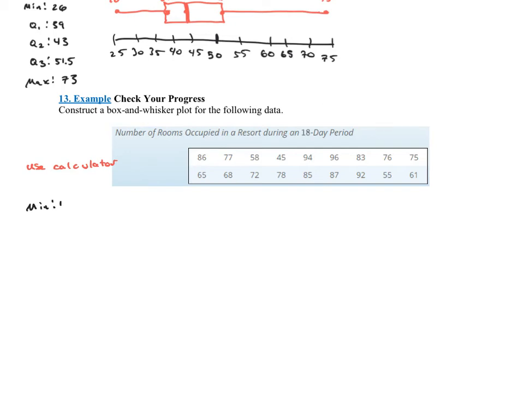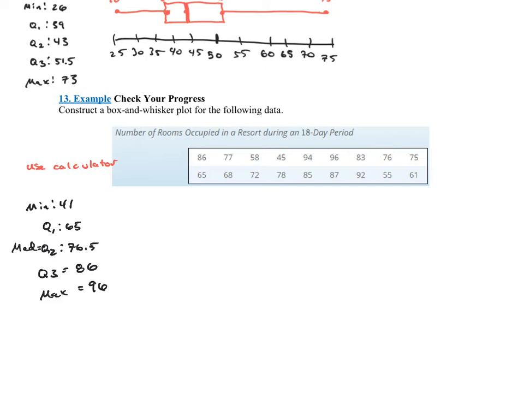So the min is 45, Q1 is 65, Q2, which in our calculator is the median, is 76.5. Q3 is, I'm getting 86, and the maximum I'm getting is 96. So what do I need?